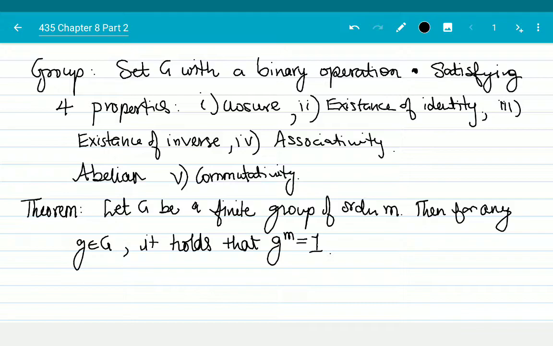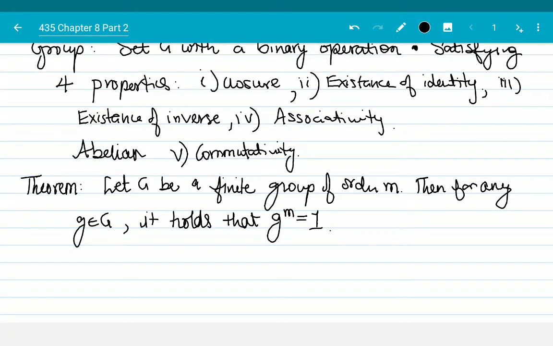We proved this result only for abelian groups. We did not prove it for non-abelian groups. In fact, so far we have not seen an example of a non-abelian group. I will try to show you an example of a non-abelian group by the end of the day. I mentioned that matrices form a non-abelian group, but I'll show you an explicit example at the end of the day, probably. Okay?